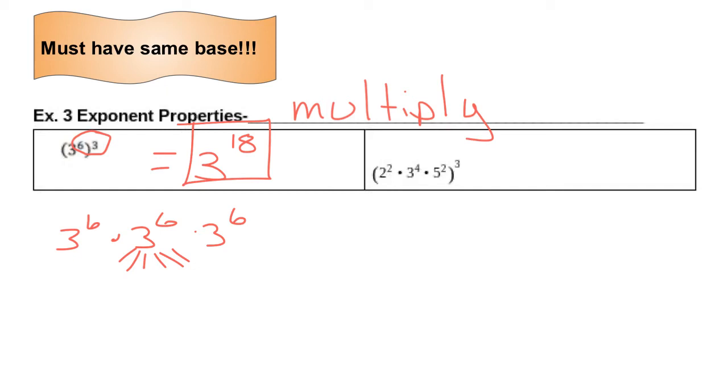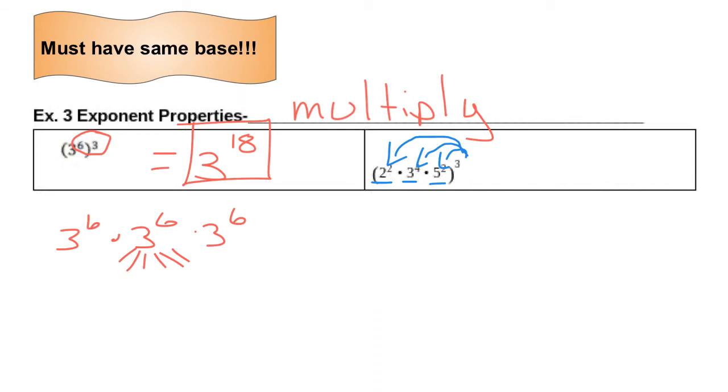Now, the second example here, we've got to be a little bit more careful. We look at all of these numbers with different bases. Well, that doesn't allow us to do anything with multiplying like we did in our previous examples. But the one thing we need to make sure of is that if we have these different bases to an exponent, this third power gets distributed to all of them.